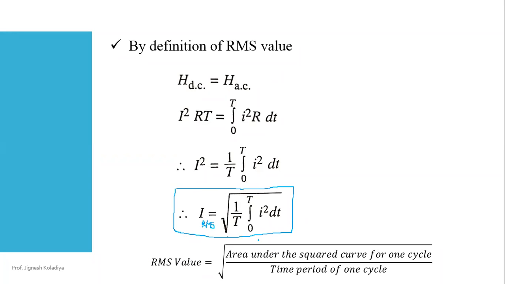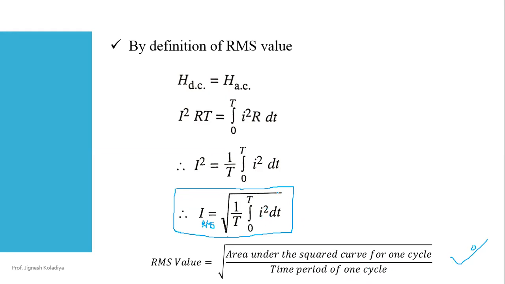Or you can compare the equation with this definition. Just now I told you RMS value is equal to square root of area under the squared curve for one cycle divided by time period of one cycle.